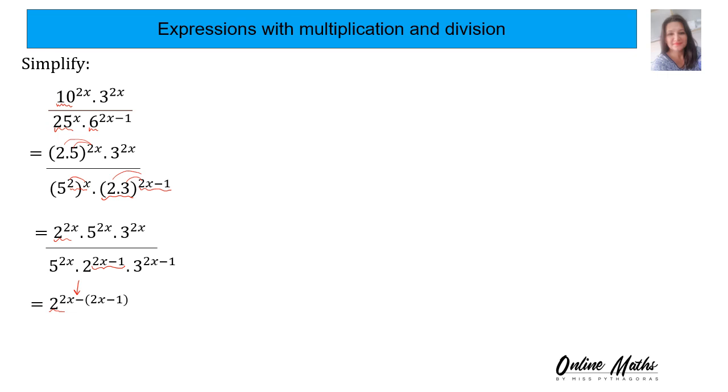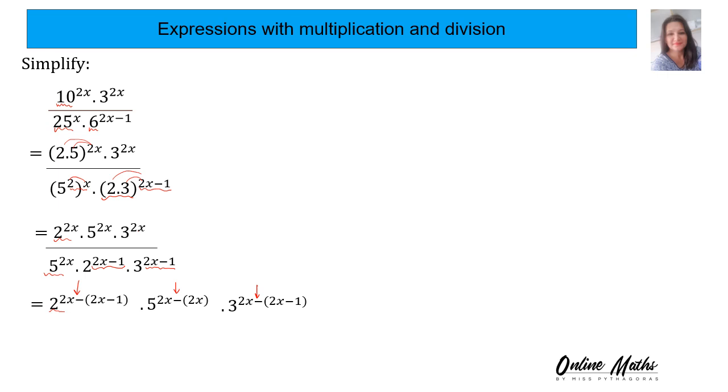So remember, you write a minus and a bracket. And then 5 to the 2x with a minus, and then on this 5 at the denominator, there's also a 2x, so it will go up 2x. And then in terms of base 3, there's the 3 to the 2x with a minus bracket, and then there at the denominator was a 2x minus 1. So you write minus bracket 2x minus 1.